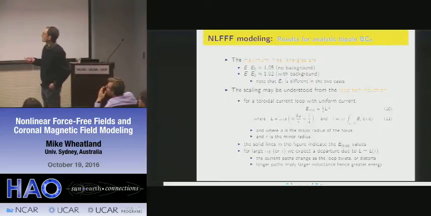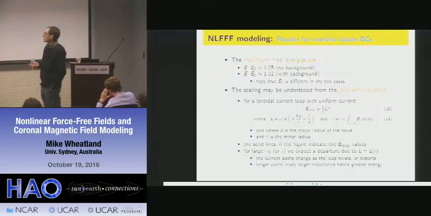But first of all, the maximum free energies being achieved are a small part of the potential field energy, only a few percent in each case. I should point out that E naught is different in the two cases, since it depends on the Bz values, and they're different for your two cases.